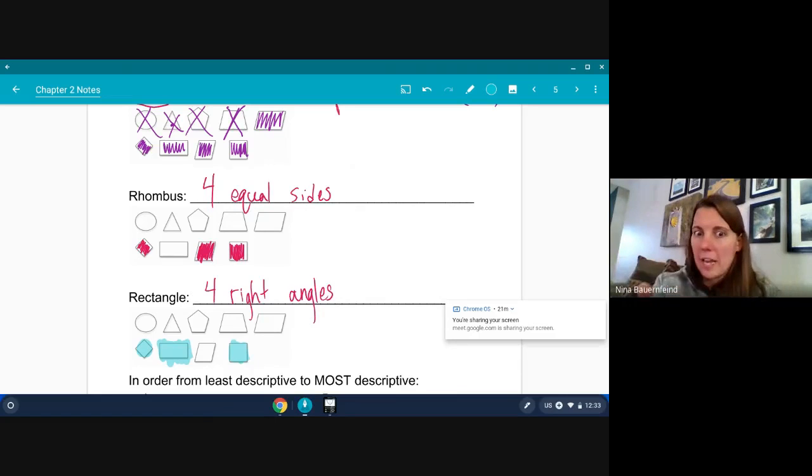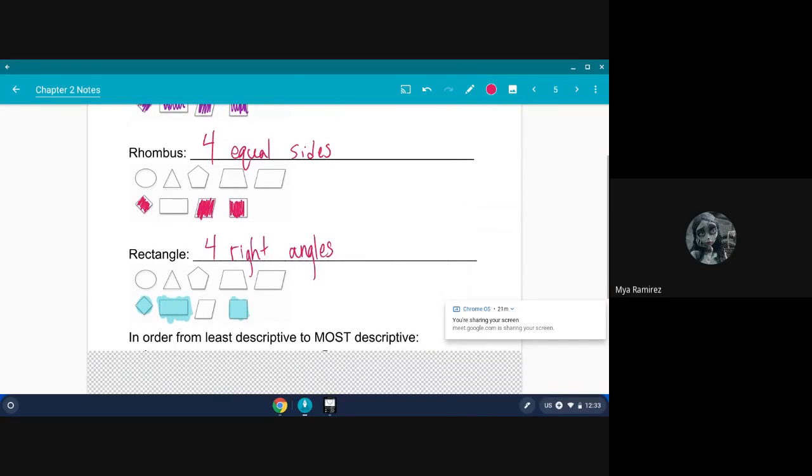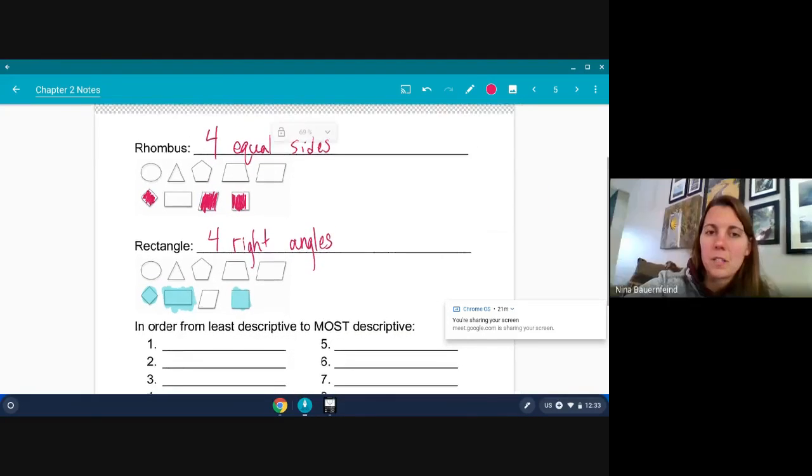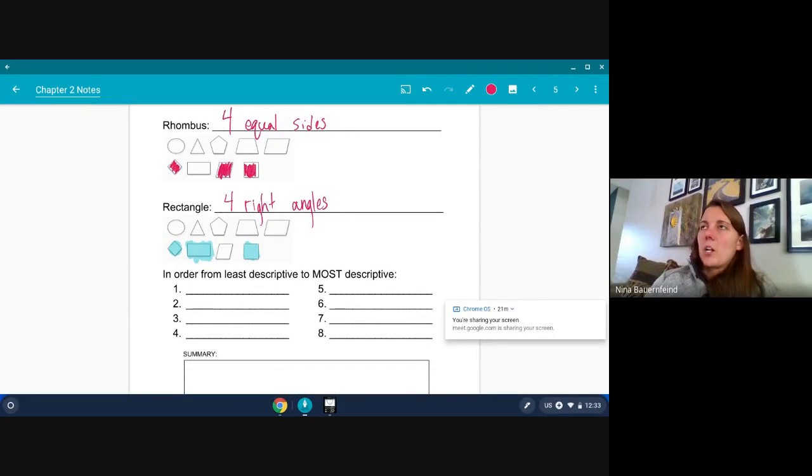So you could call that a rectangle, but it's more specific to say square. I'm not sure if that's making sense or not. Yeah, it makes a bit of sense. Okay. I'm glad. It's a little bit confusing, but I'll show you on the homework how I have found the easiest method to do this.